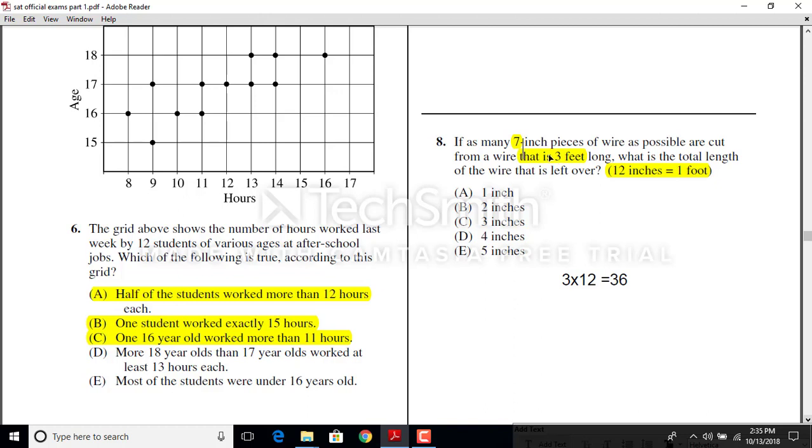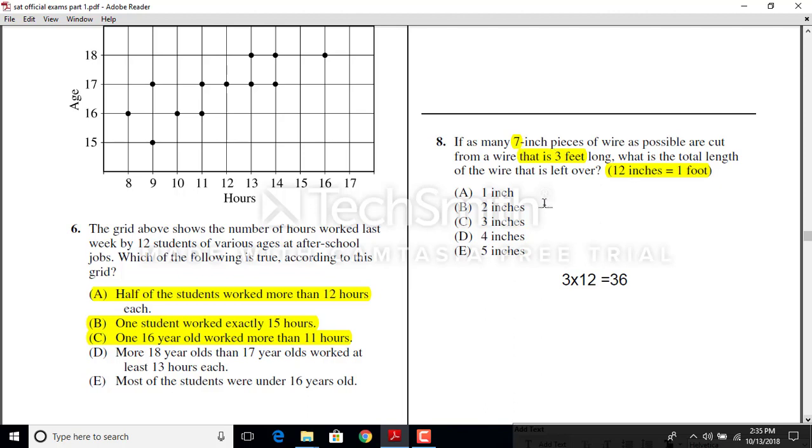So clearly we're going to convert either from feet to inches or from inches to feet. The easier is to convert from big to small, and it's given here that 1 foot equals 12 inches. So to change from feet to inches, we multiply by 12.